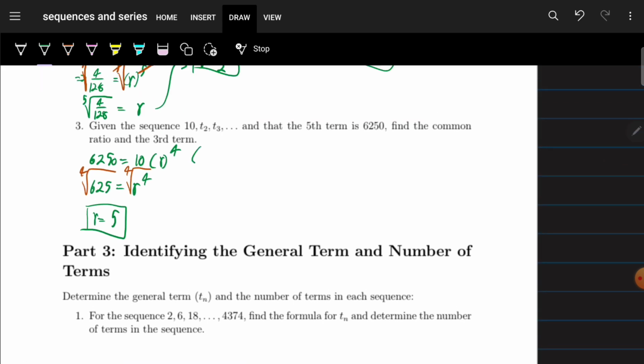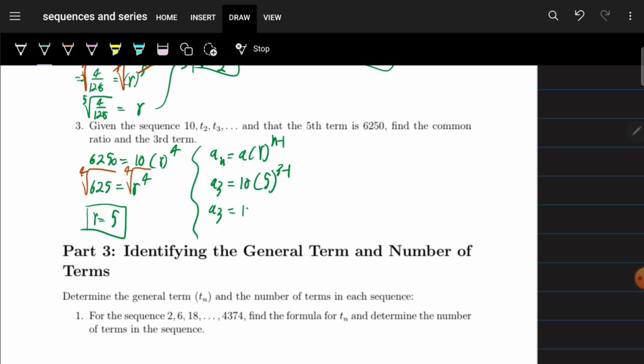All right. Now we want to find the third term. So we'll use our nth term formula, right? I'm talking about this formula. So a3, the third term, will be the first term, a, times common ratio 5. And we want the third term, so we do 3 minus 1 here.